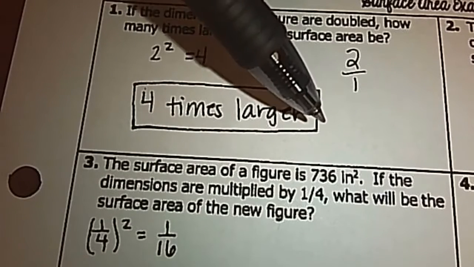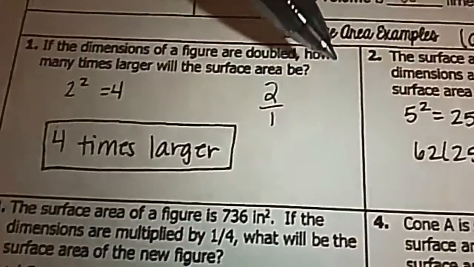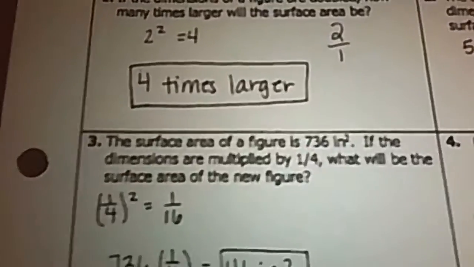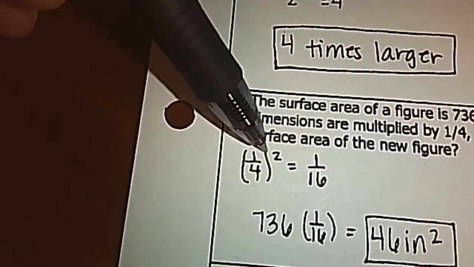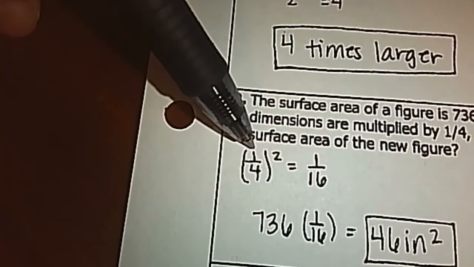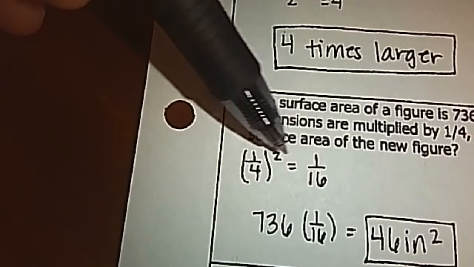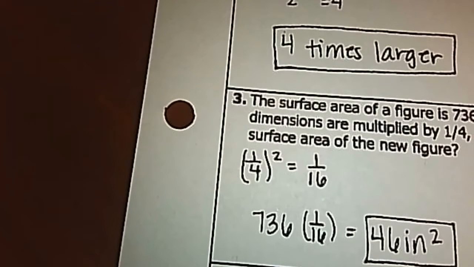We know what the ratio is, so you take that ratio and put it with that A squared and square it. When you've got a fraction like this, when you're squaring, you apply it to each one of them. 1 squared is going to be 1, and then 4 squared is going to be 16.